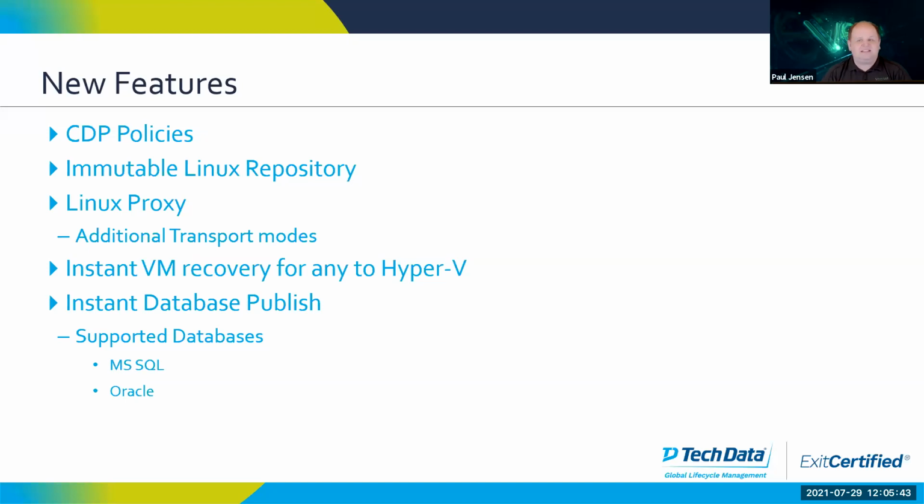Now, obviously, this is not something for every environment. The next feature that was asked to be shown, and we talk about both of these in class, was how to set up an immutable repository, so a hardened Linux repository.